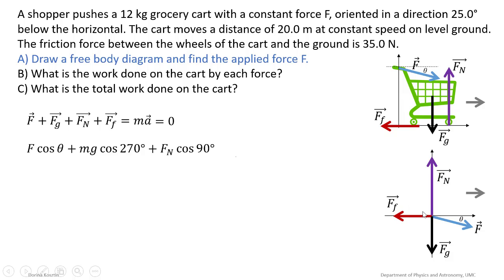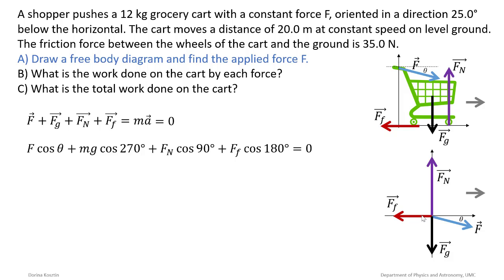Force of friction makes an angle of 180 degrees with a positive x-axis. Once again, the angle has to be measured counterclockwise. So we will write the x component of the force of friction as magnitude of force of friction multiplied by cosine of 180 degrees. The sum of all the components along the x-axis equals 0.